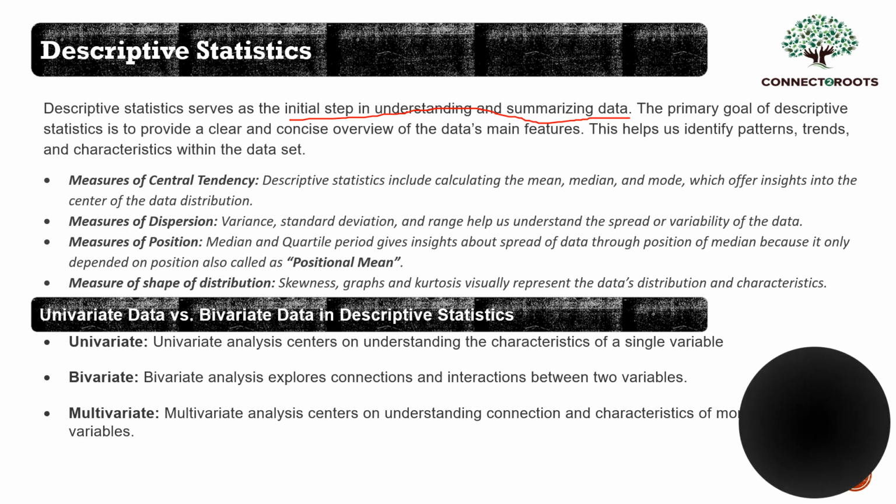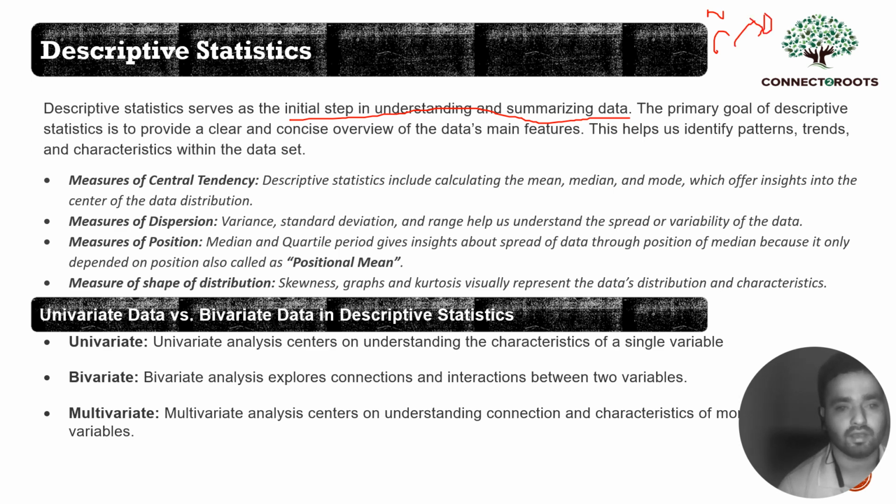What are the types of data? Does it contain numeric data or categorical data? Categorical data can be of two types: one is ordinal and one is nominal. So what is categorical data? Gender, for example, can be divided into categories: male, female, or others.